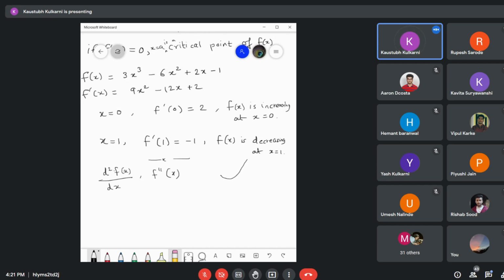You can consider this entire parabola facing upwards if it is positive. If it is negative, it is facing downwards. All of you know about a parabola, right? The graph looks something like this.